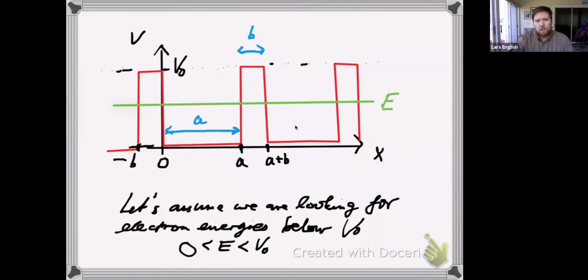And so we can also think of this as an array of wells, right? So this here is one well, and here's another well. So instead of a double well, now we have an infinite array of wells. Okay, so we're looking for energies from 0 up to V naught. And that's the problem.